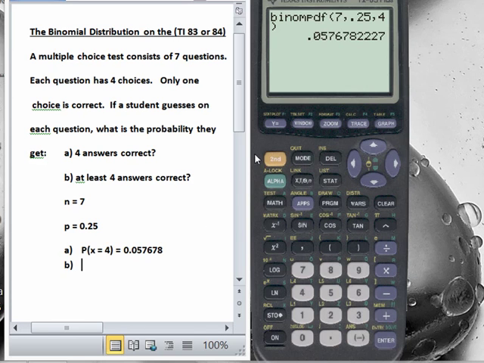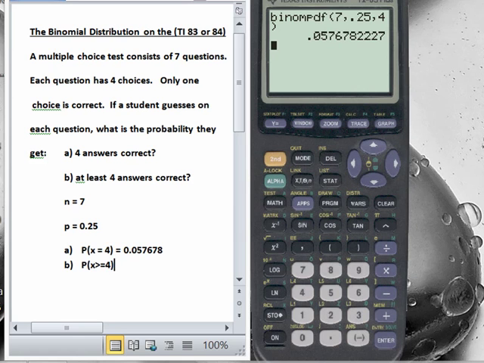The second part is asking us the probability of at least 4 answers correct. Now, we can use a different function on the calculator called a cumulative function. But that only accumulates up to a certain amount of values. We want to know the probability of 4 or more correct. So in other words, we're looking for the probability that x is greater than or equal to 4.